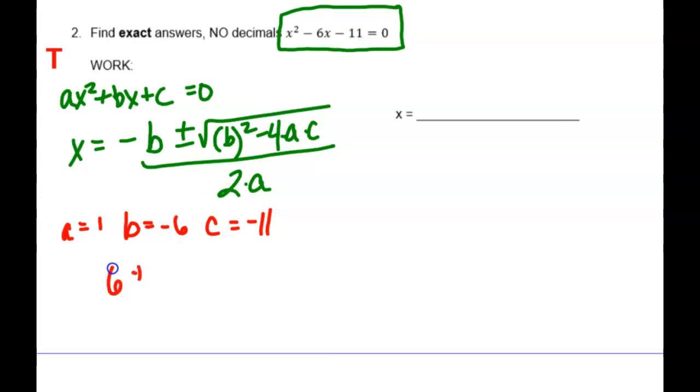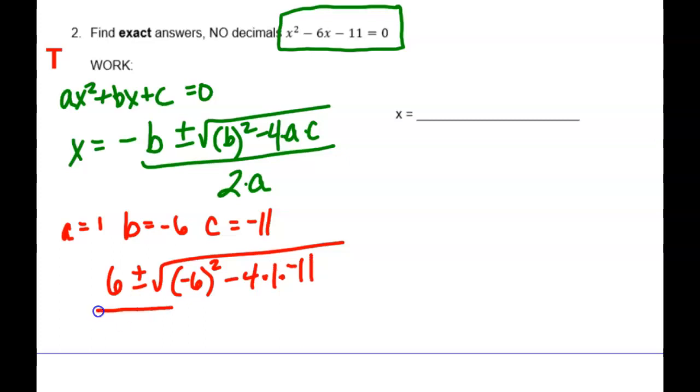Okay, so you'd have 6 plus or minus the square root of negative 6. You got to have those parentheses, or just type it in as a positive because it should become 36. Minus 4 times 1 times negative 11 all over 2a. Okay?